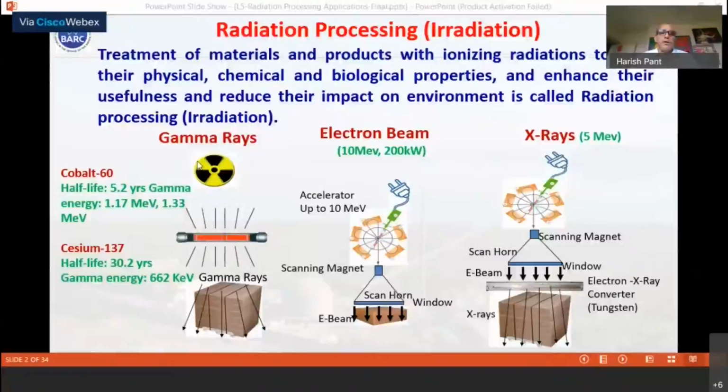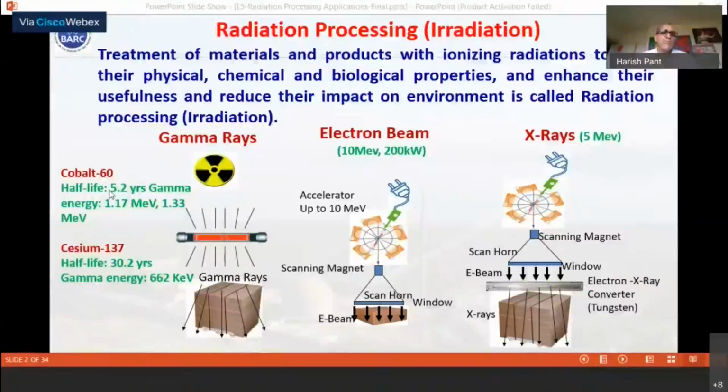I told you that these cobalt 60 and cesium 137 are sealed sources, in the form of rods, pellets, wire, or cylinder, or in the form of an array of sources, or grid sources, planar sources. Mainly these two sources are used.